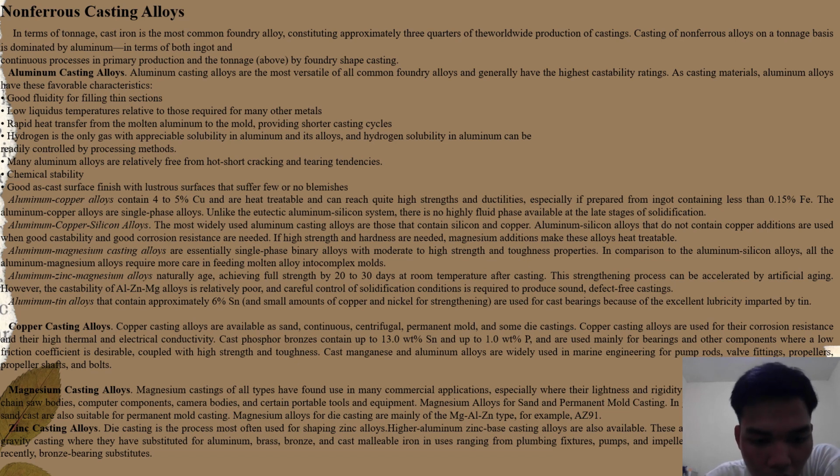Magnesium casting alloys of all types have found use in many commercial applications, especially where their lightness and electrical properties are major factors, such as in cell phone bodies, computer components, camera bodies, and certain portable tools and equipment. Zinc casting alloys. Die casting is the process most often used for shaping zinc alloys.